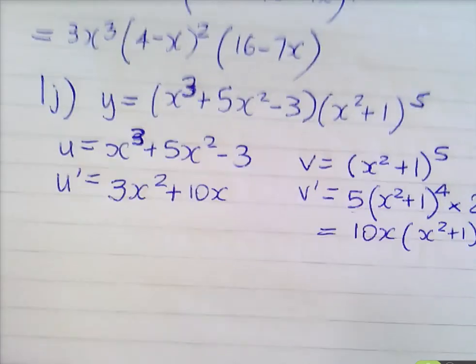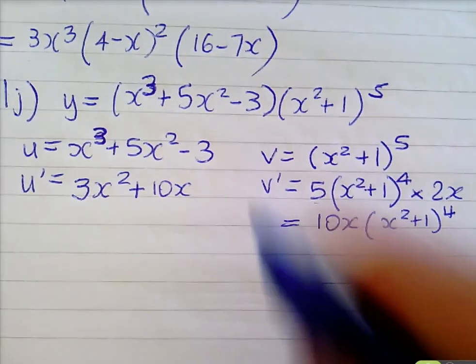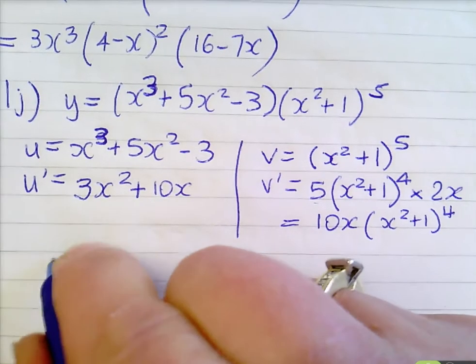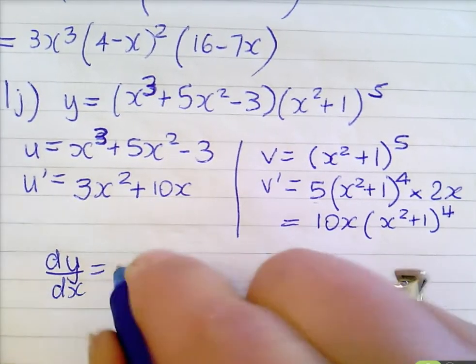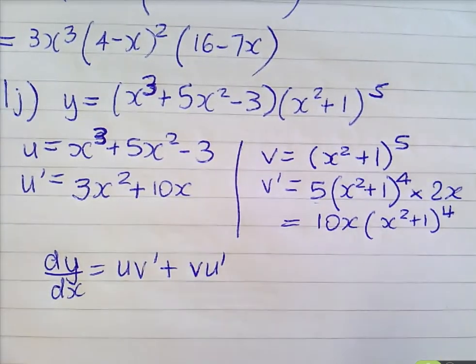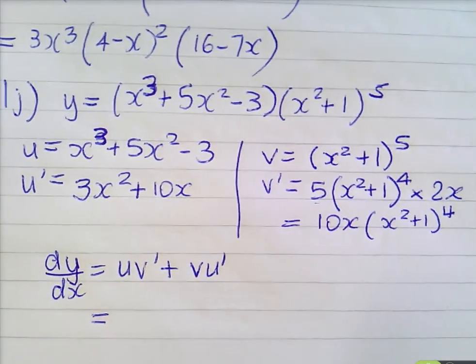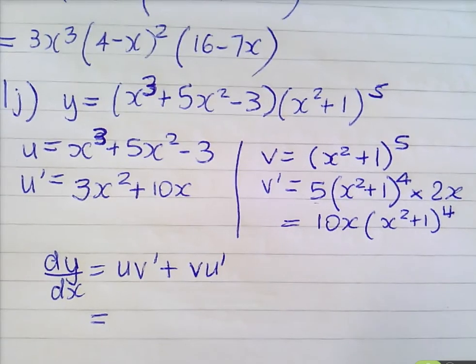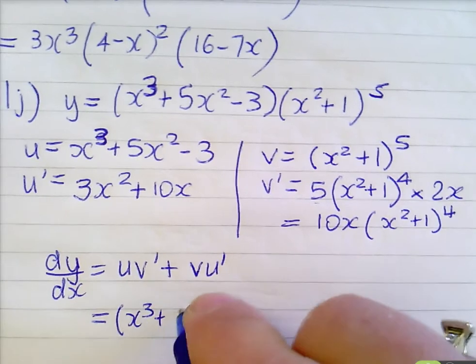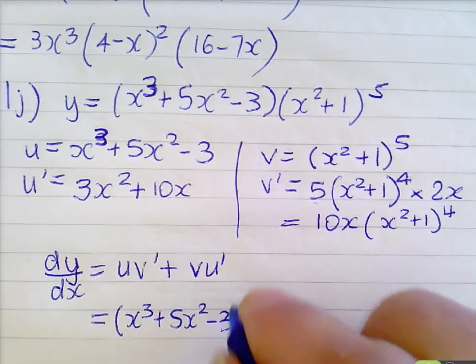So, we've done U, U dash, and we've done V and V dash. So, therefore, dy dx is U times V dash plus V times U dash. Substituting in. X cubed plus 5x squared minus 3.